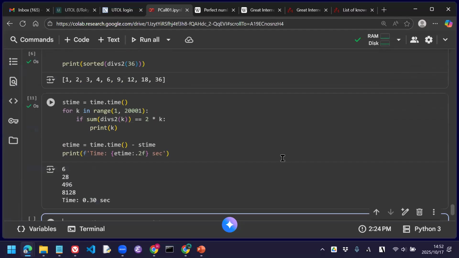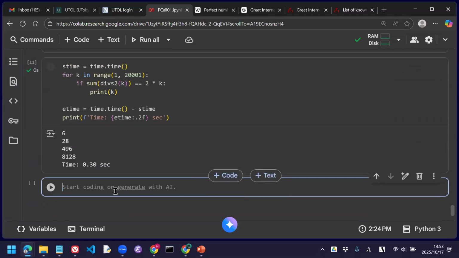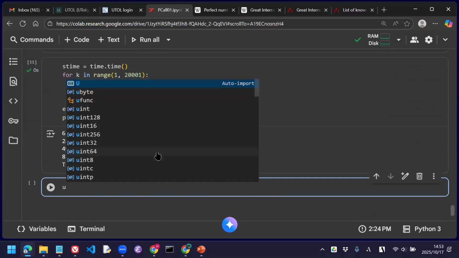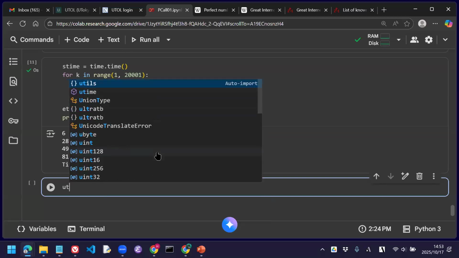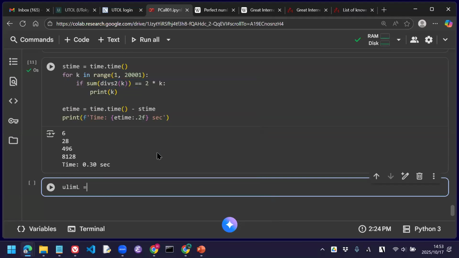Okay, to do that, we set up a time list and an upper limit list, ulim list, equal to 1000, 2000, 5000, 8000, 10,000, and 20,000.